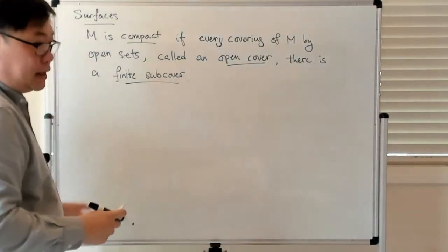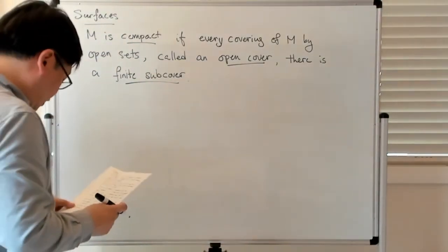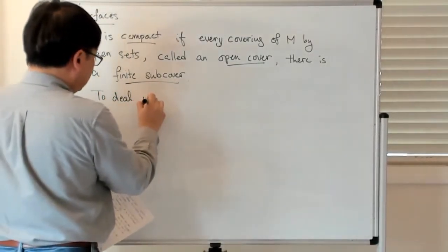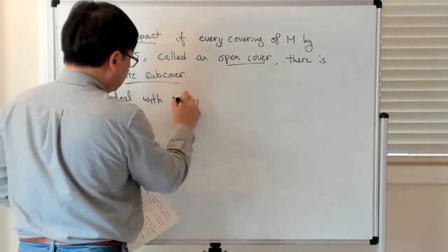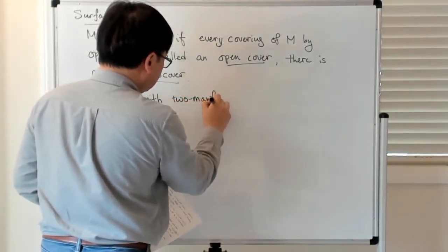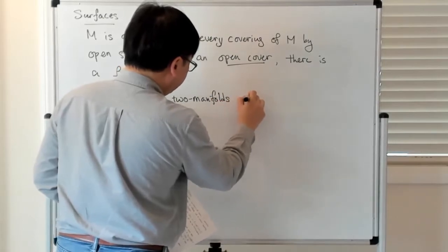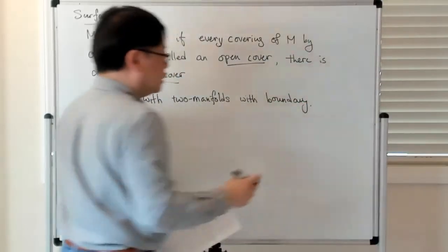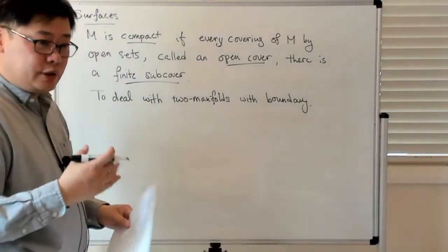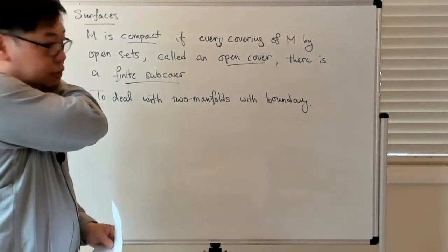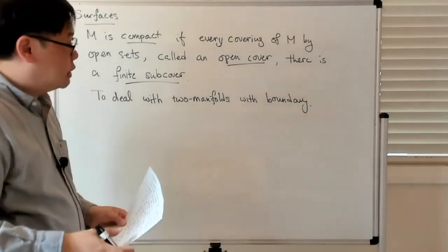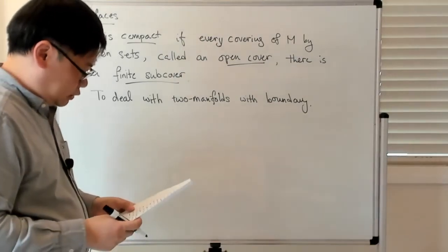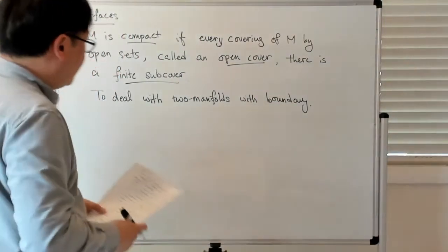Let me now say a little bit about what happens with boundary. To deal with two-manifolds with boundary, what essentially has to happen is that you have to look at sets which are homeomorphic to the open unit disk, but also things which are homeomorphic to the half disk. Sorry, not diffeomorphic, but homeomorphic.